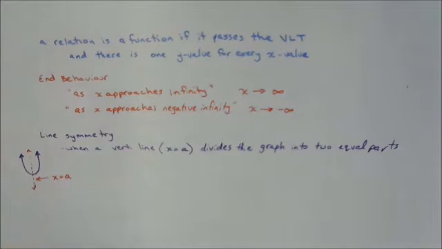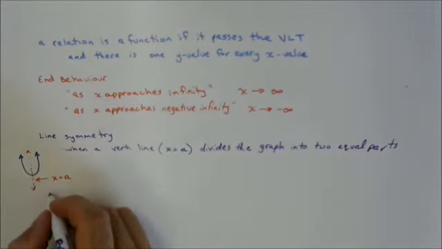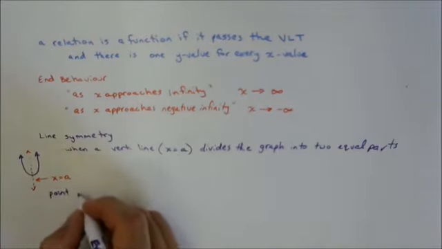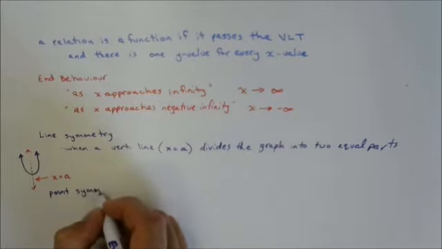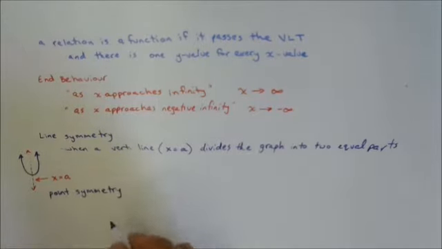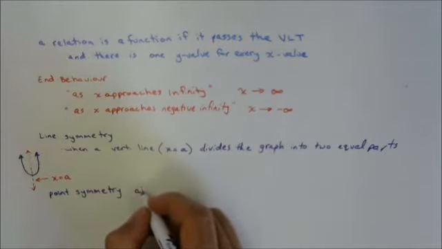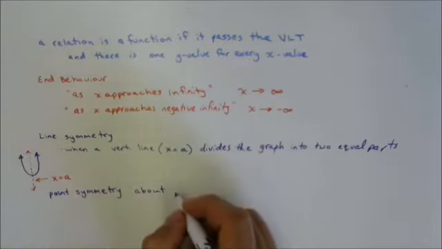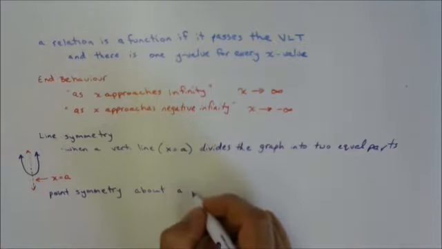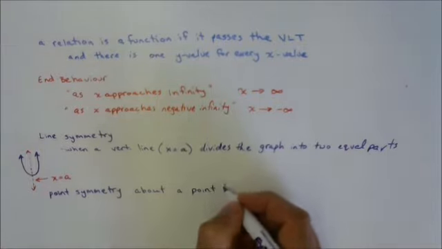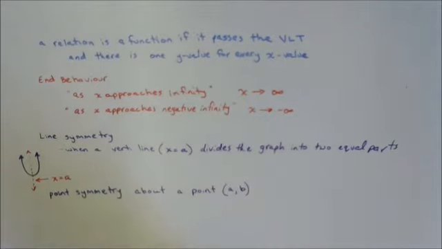The other one is point symmetry. And it is about a point A, B. What does that mean? That means you can essentially rotate, and if you rotate at 180 degrees, it'll end up laying on itself.